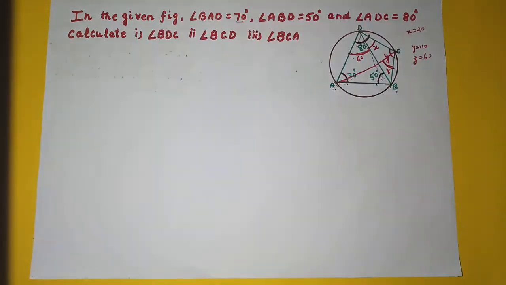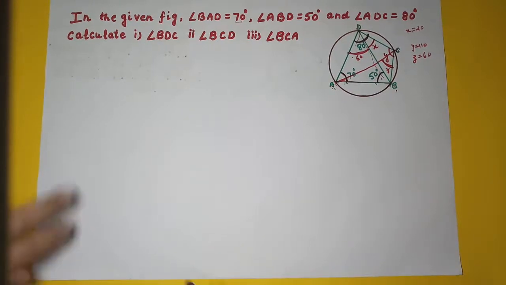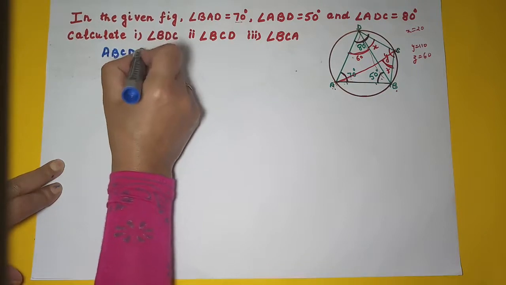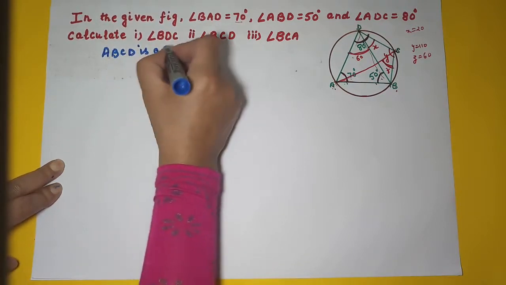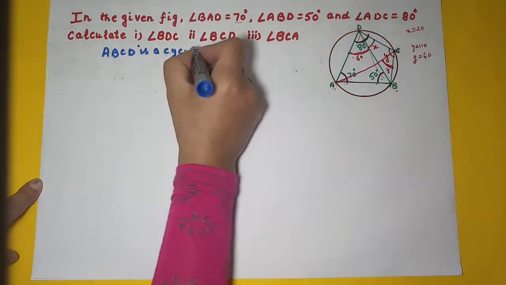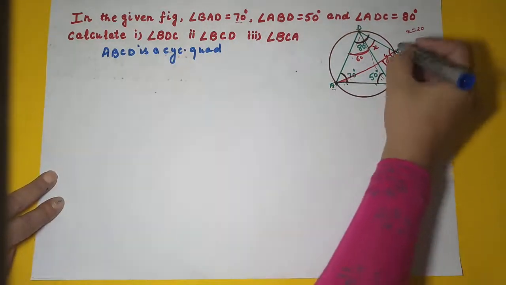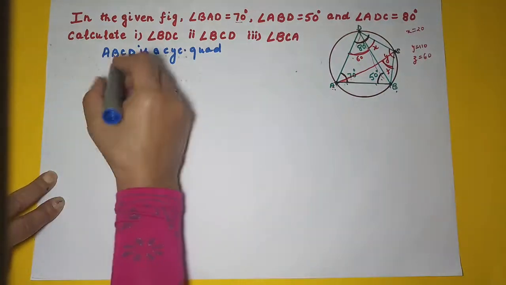Okay, let's write it now. So we will write ABCD is a cyclic quadrilateral. Why? We know because all the endpoints lie on the circumference.